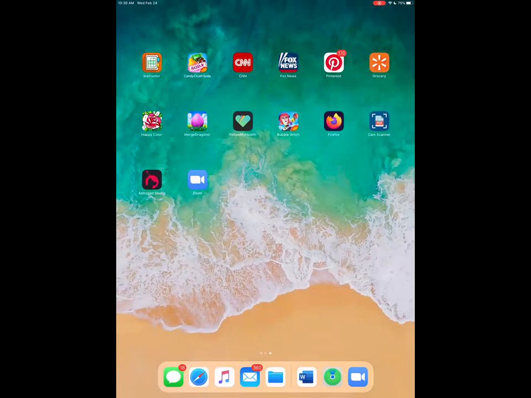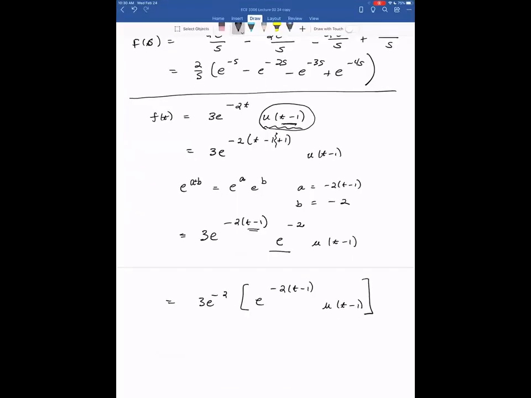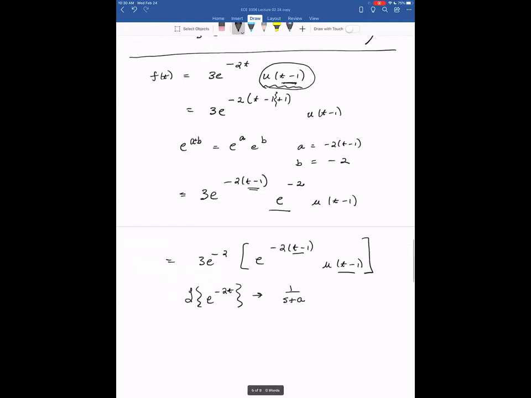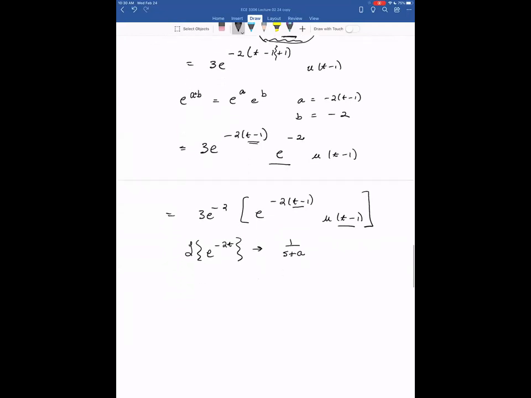So if I had e to the minus 2t, that would transform to 1 over s plus a. But I don't have that, because what I have is this time shift. So remember what the time shift does in the time domain. If you have a shift, that corresponds to multiplication by an exponent in the frequency domain.